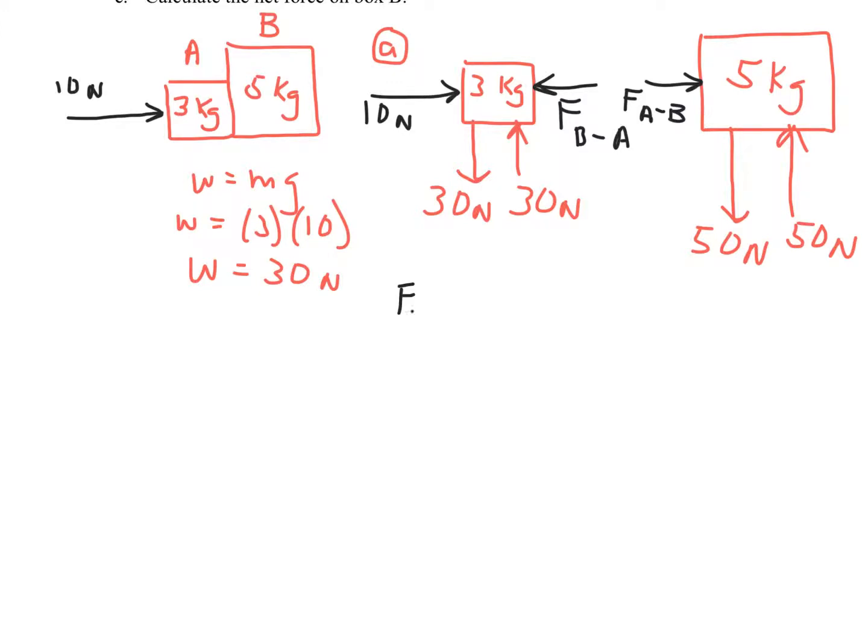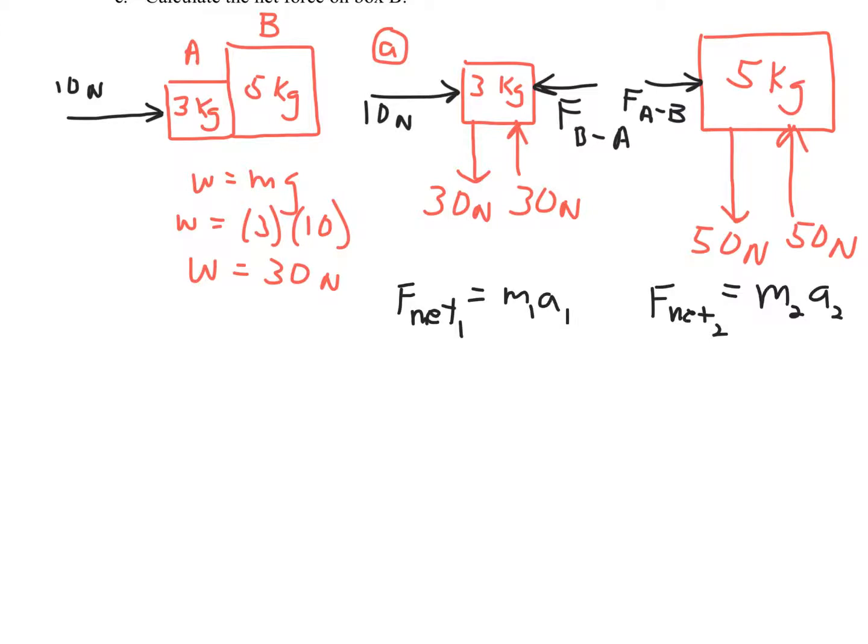We're going to apply the F net equals ma, the second law, to each box. So F net 1 is mass 1 times acceleration 1. F net 2, second box, or I should call it box A and B, I guess. 1 and 2, A and B. Mass 2, acceleration 2.